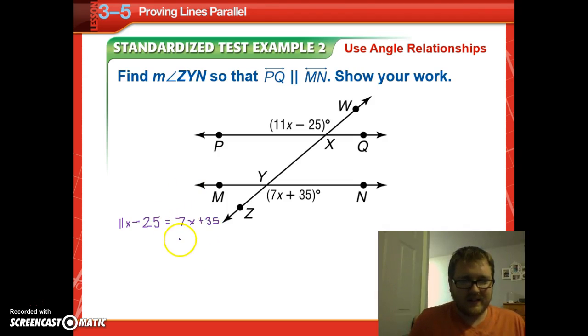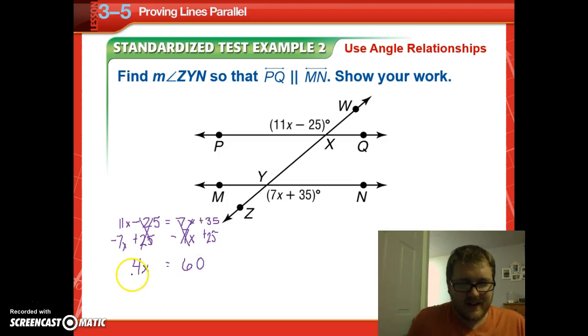Let's get all of our like terms on the same side, so let's subtract 7x from each side. Let's also add 25 to each side. These cross out, and we'll have 11x minus 7x, which is 4x, equals 35 plus 25, which is 60. Let's now divide both sides by 4. The 4's cross out to give me 1x equals 60 divided by 4, which is 15.